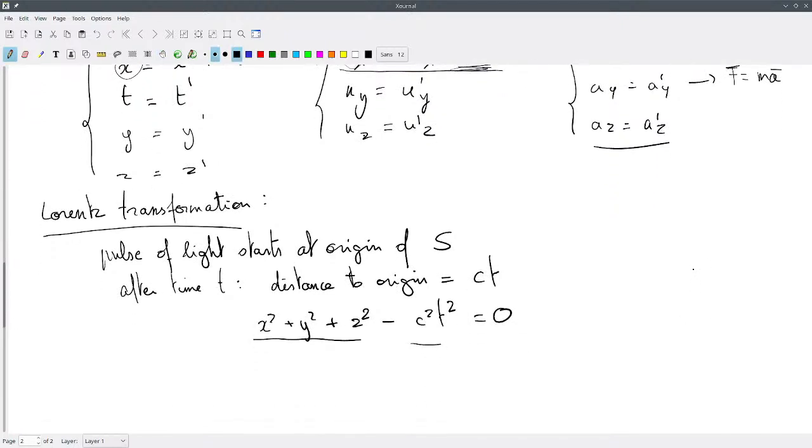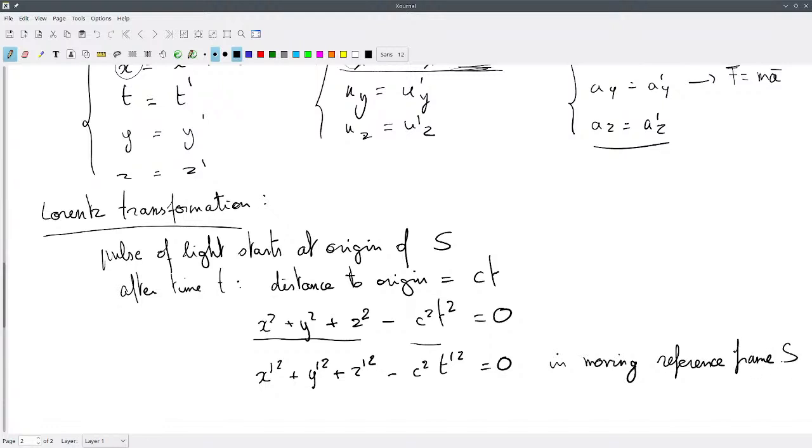Now this has to be true in all reference frames. So also x prime squared plus y prime squared plus z prime squared minus c squared t prime squared will have to be equal to 0 in the moving reference frame S prime.